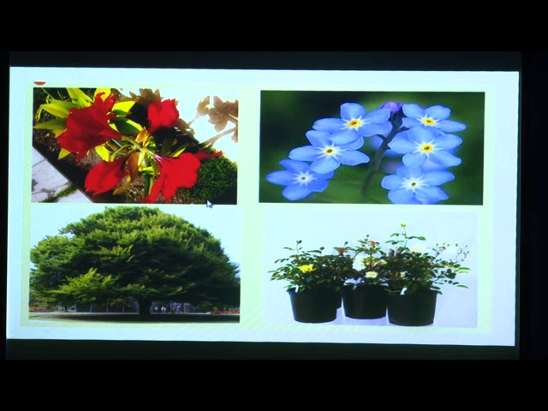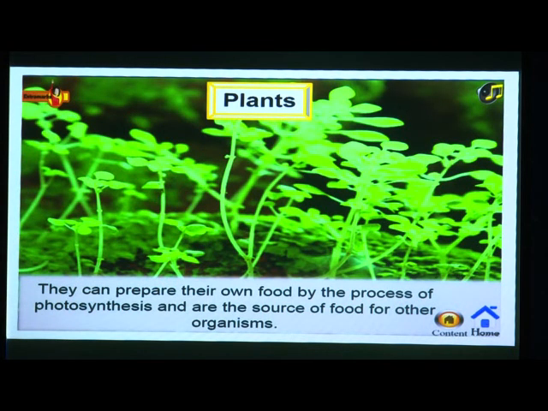On the basis of size and the nature of stem, most plants are classified into 3 categories. Those are herbs, shrubs and trees. Each category has different characteristics. You know, plants can prepare their own food by the process of photosynthesis and are the source of food for other organisms.